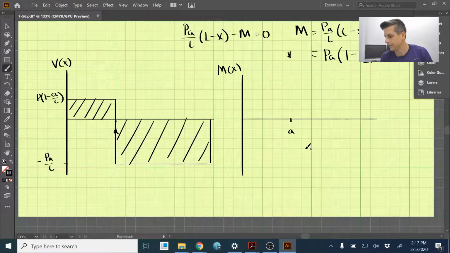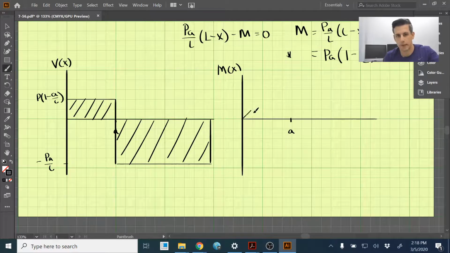The moment from 0 to A is a linear equation, and it's positive, so something like that.